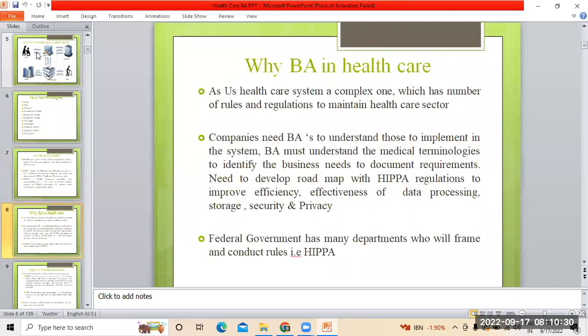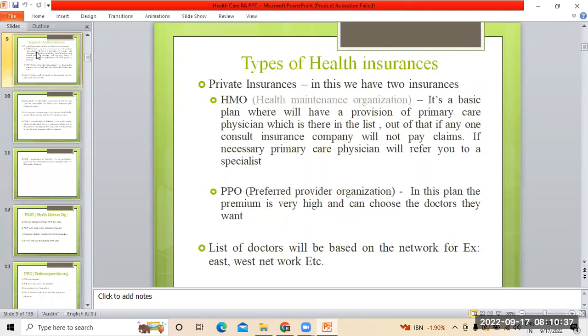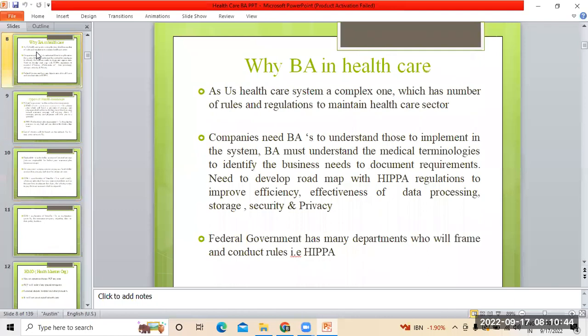Now, in reference to the business analyst in healthcare, as I mentioned, the business analyst in healthcare majorly focuses on understanding the systems as well as the medical terminologies. At the same time, whatever HIPAA rules and regulations people will be following, the BA has to identify those.